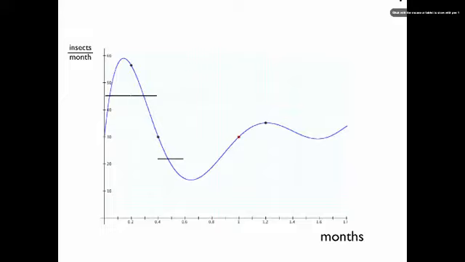And then for the next 0.2 months, I estimated something like 22, which would be kind of in the middle of the changing rate in that time frame. And then something like 16, and then something like 24.